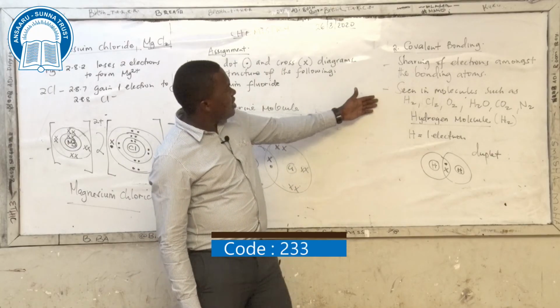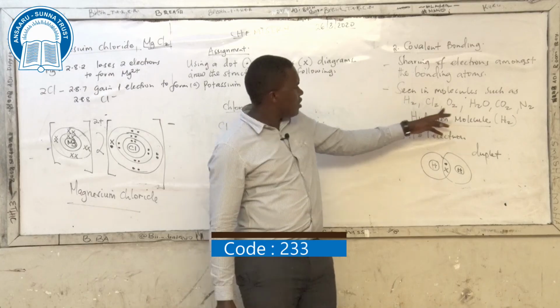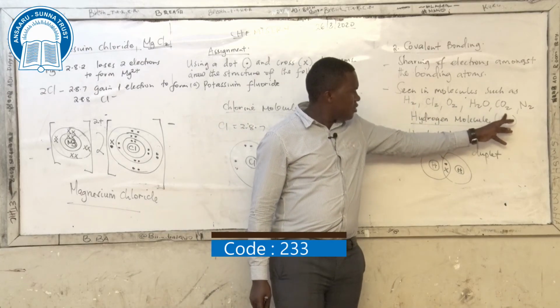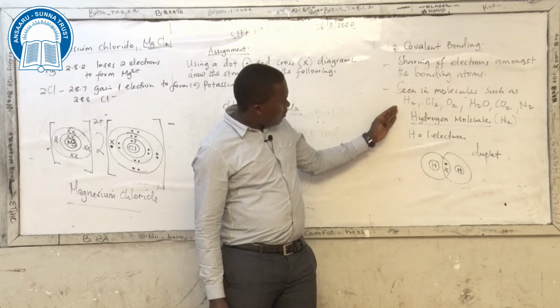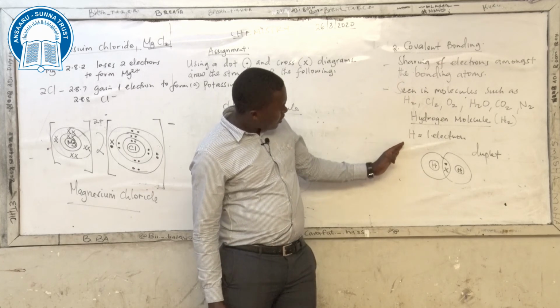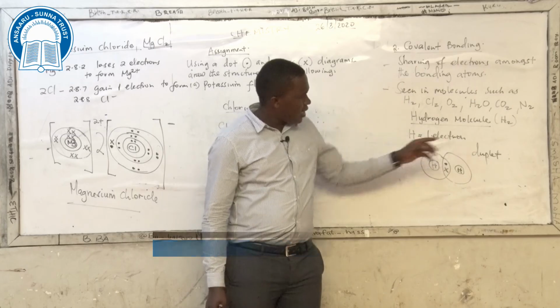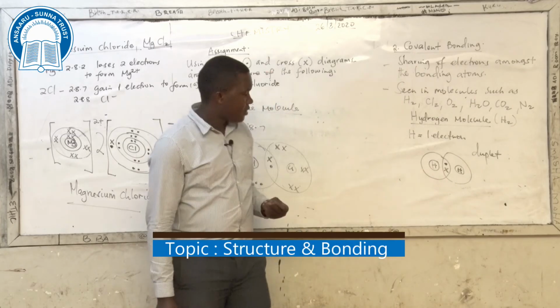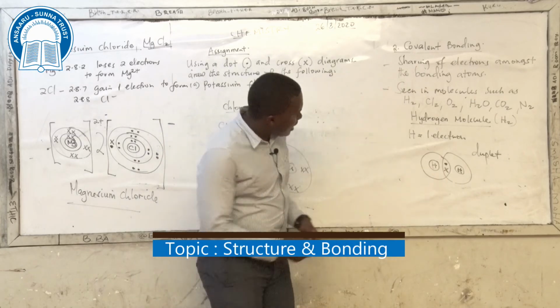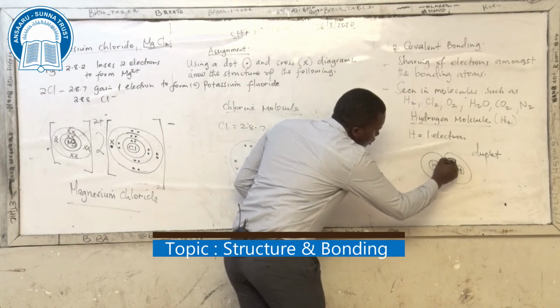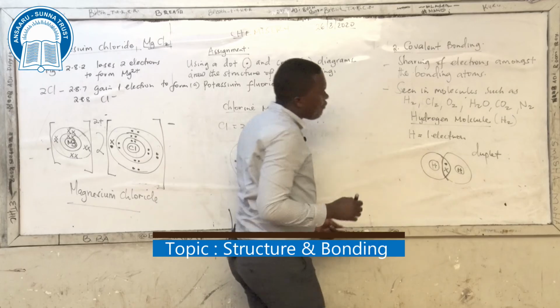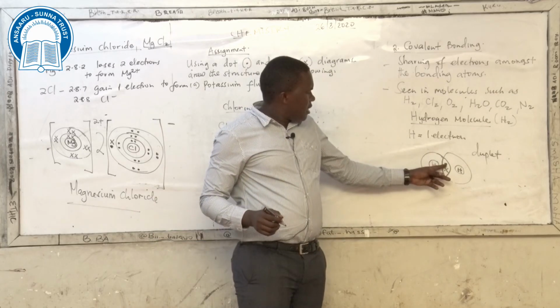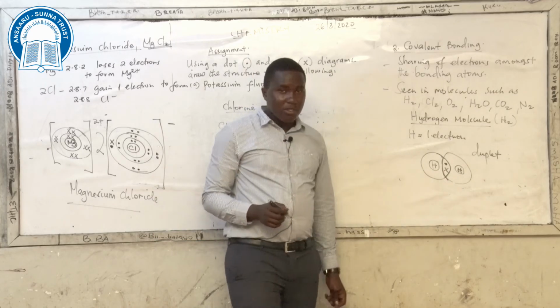And therefore, this one is seen in molecules like hydrogen, chlorine, oxygen, water, CO2, nitrogen, etc. And I've just drawn a molecule of hydrogen here, whereby you have the hydrogen having 1 electron each. So they will share, and the energy levels will overlap. You can see there's an overlap of the energy levels, and therefore, where they overlap, there will be some sharing of electrons.